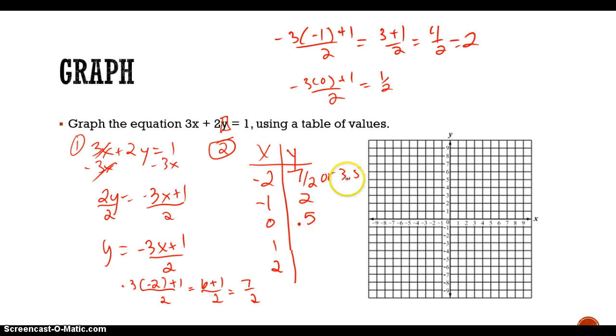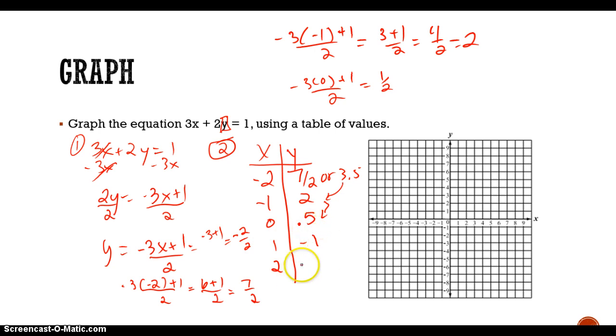So let's see if we can see a pattern here. This decreased by 1.5. This decreased by 1.5. So we can decrease again by 1.5, and you'll get a -1. If you plugged in 1 here, just think -3 times 1 is -3 plus 1 is -2. -2 divided by 2 is -1.